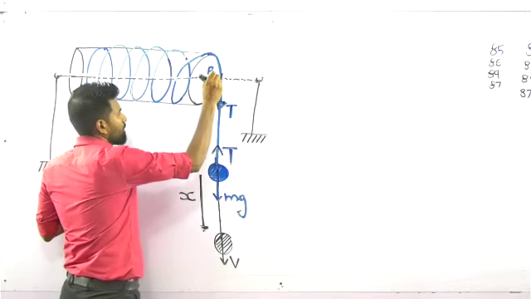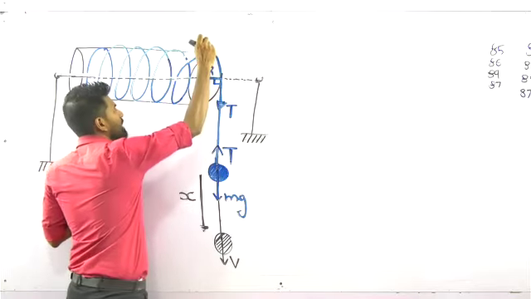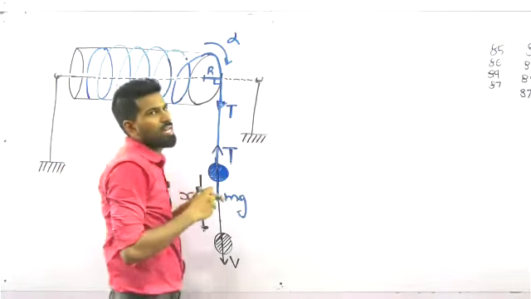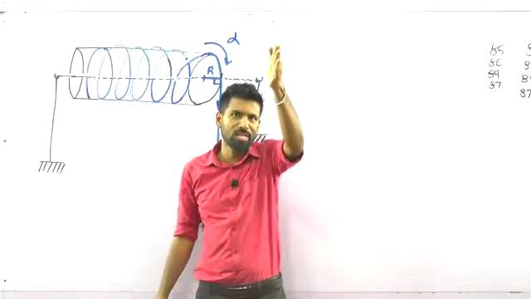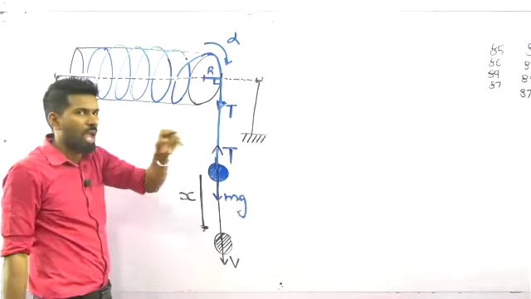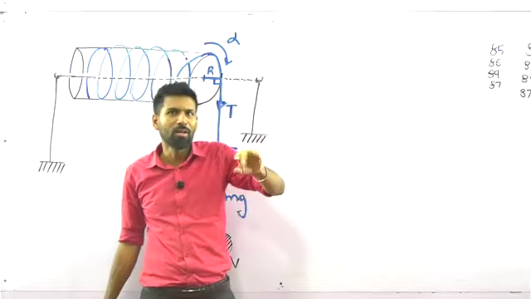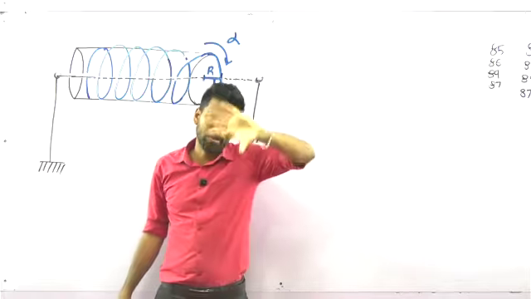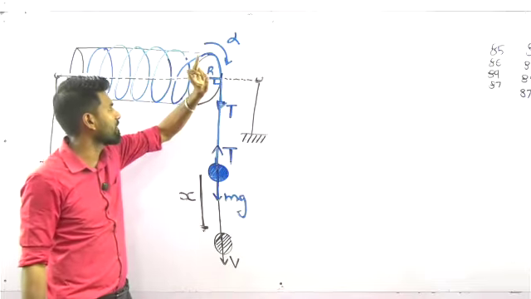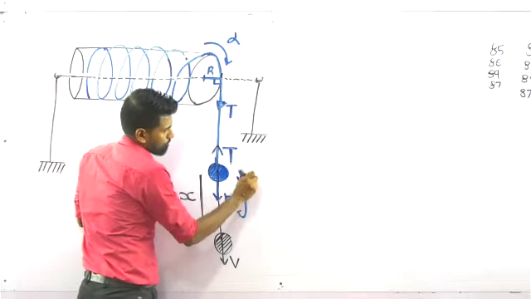This tension has a perpendicular distance r from the center of the cylinder, giving a rotational acceleration alpha. The tension is a tangential force on the circumference, creating a moment T r, and due to T r the drum will rotate with angular acceleration alpha while the mass m moves down with acceleration a.